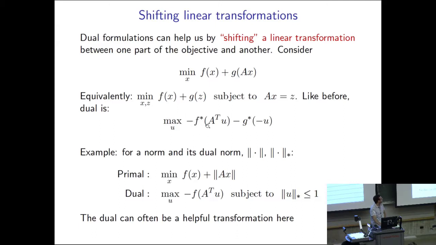So the dual becomes minus f star of A transpose u minus g star of minus u. And if f was smooth, then this might be a much more favorable problem to deal with, because maybe it's easier to work with a composition of a smooth function and a linear transformation. Now you can apply more algorithms to this problem than you could to the original one.